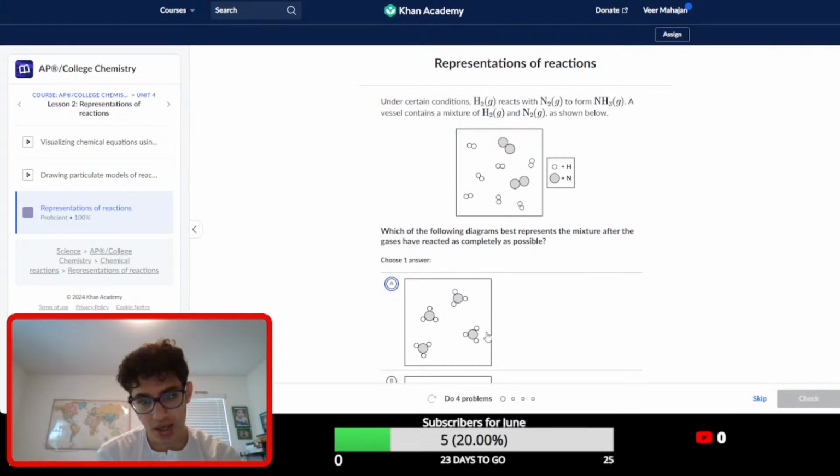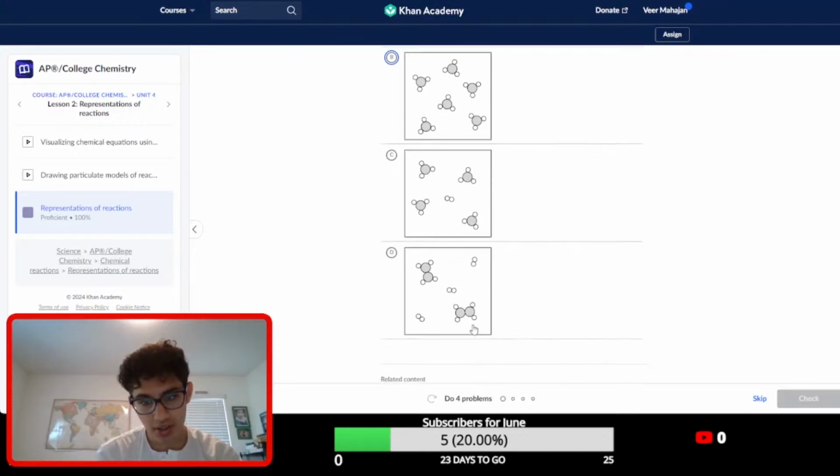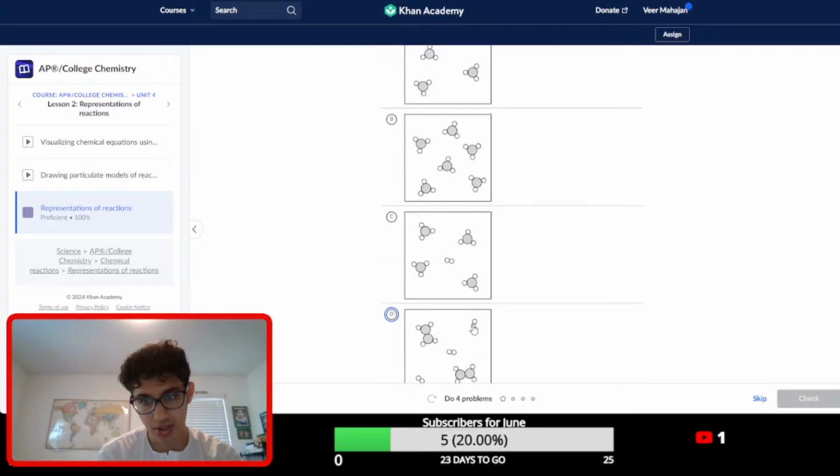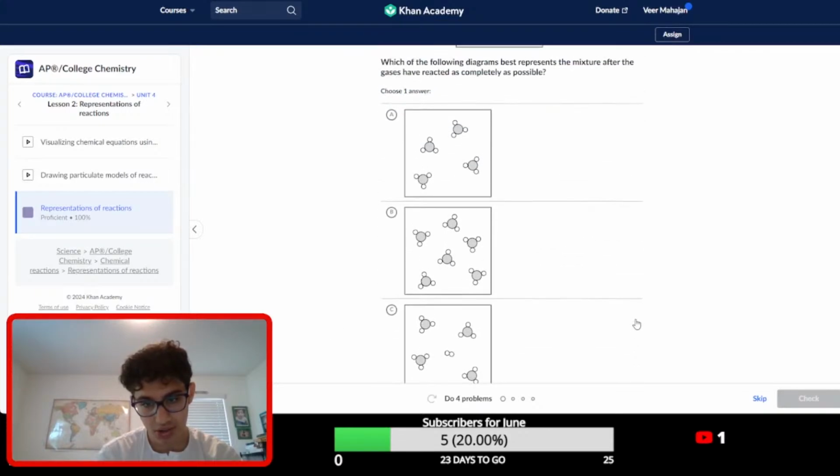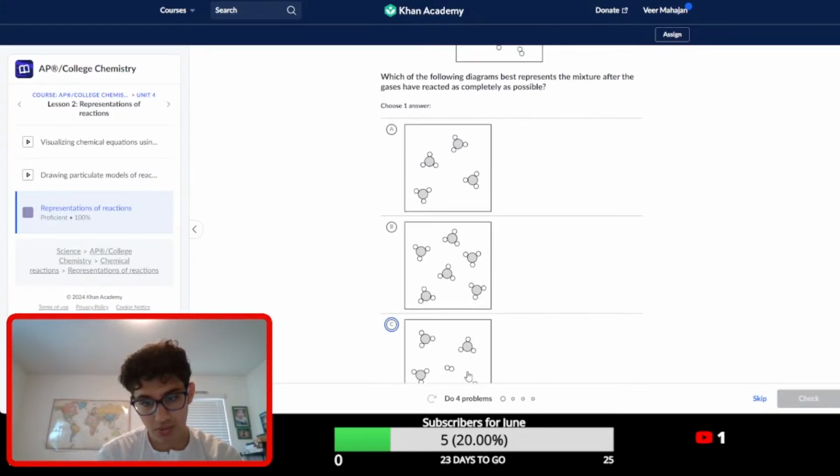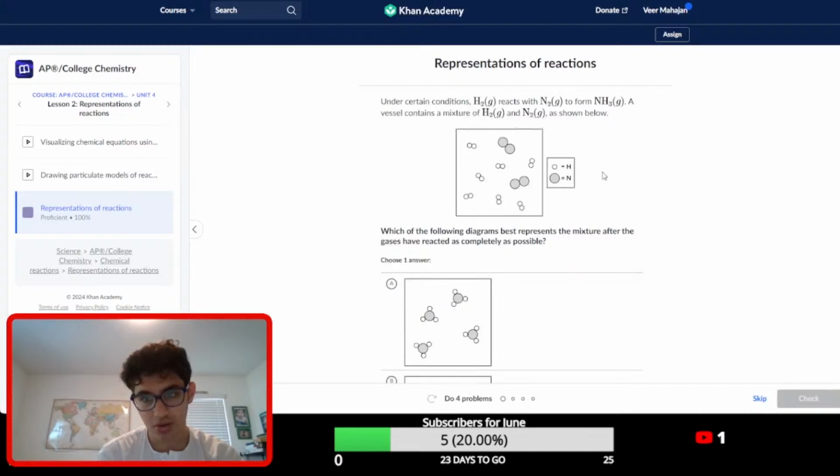After the gases have reacted as completely as possible. So first of all, are these all showing NH3? Are they showing it correctly? The last one is not, so that's out of the question. Basically we just need to make sure that in total there are... Oh wait.